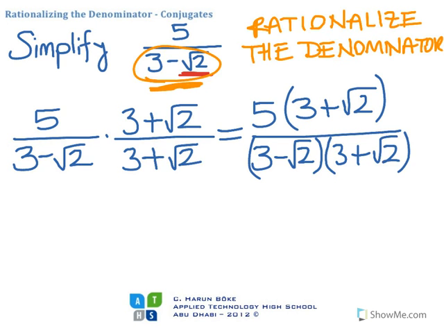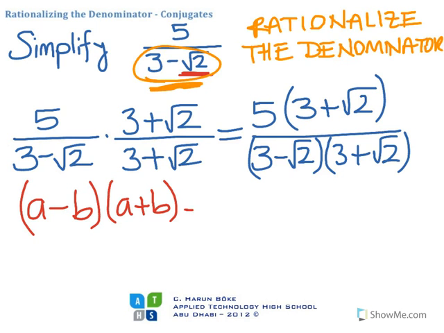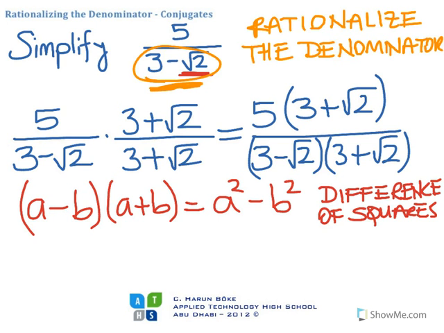Now remember, if you have two numbers in subtraction times two numbers in addition, from term 2 you should remember that this is nothing but a squared minus b squared, which is called the difference of squares.